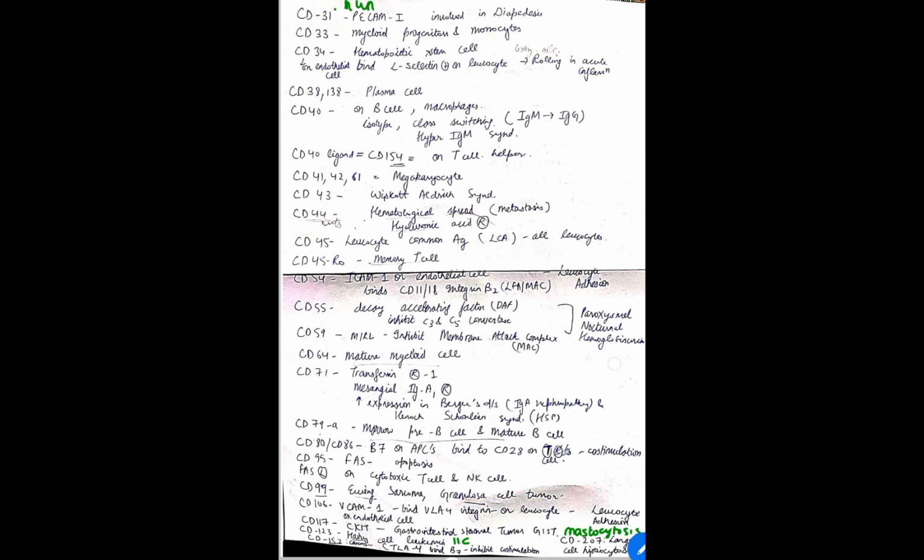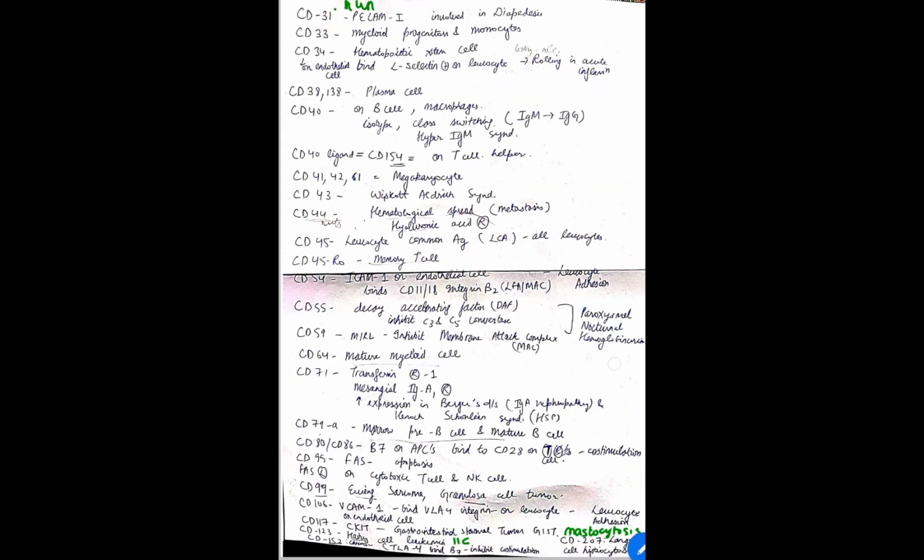CD38, CD138 plasma cells. CD40 we know in the class switching, CD40 ligand, CD154. CD41, 42, 61. So CD38, CD138 plasma cell, CD16, CD56 is with the NK cell, and CD41, 42, 61 is megakaryocyte.